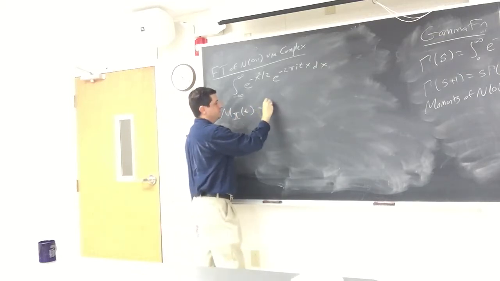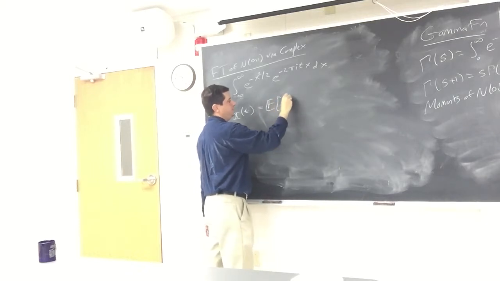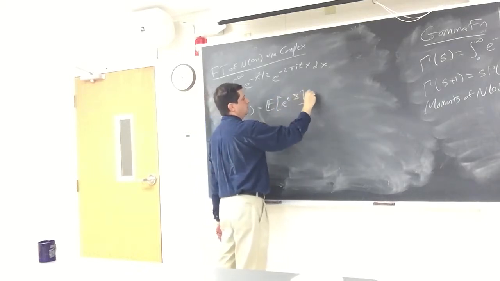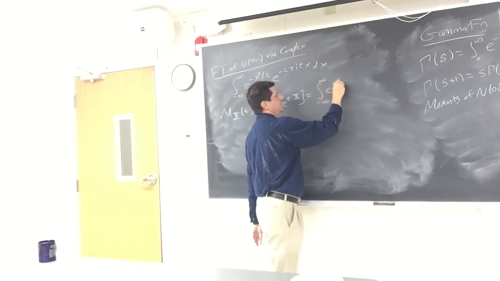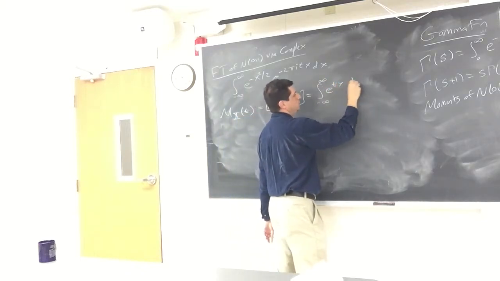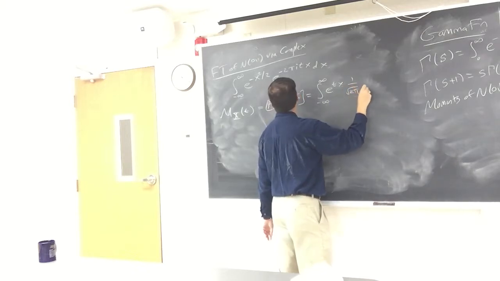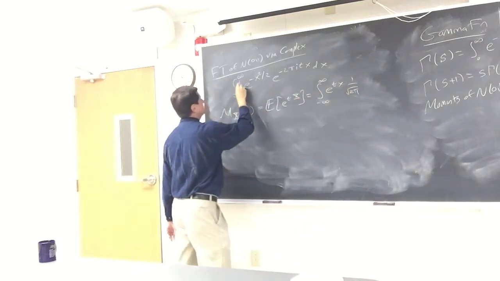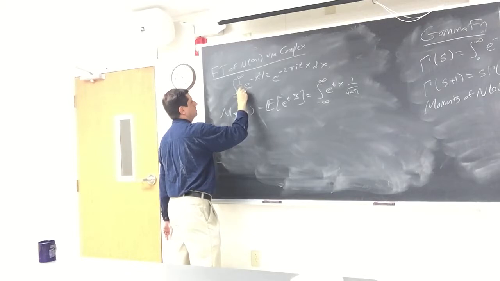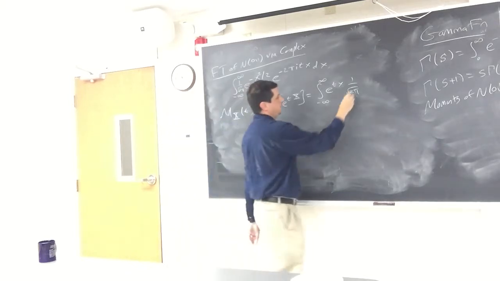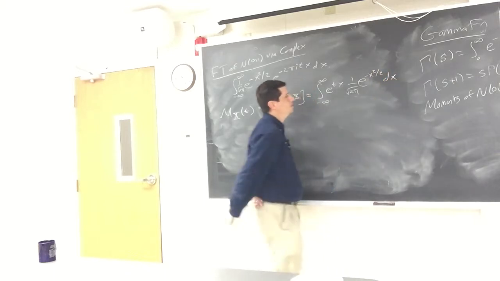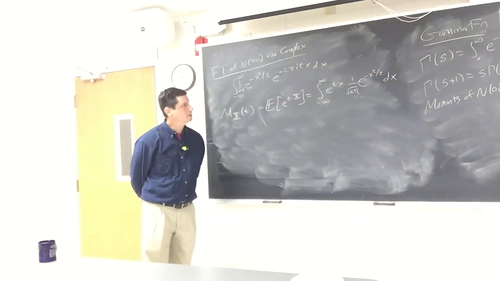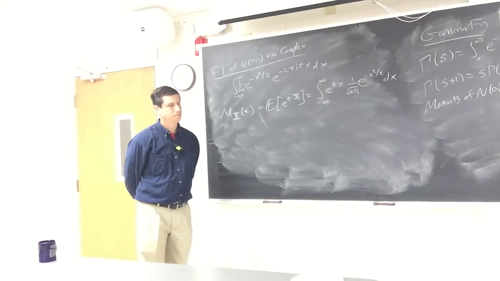And this is just the expected value of e to the tx, which is the integral from minus infinity to infinity of e to the tx times our density, 1 over square root of 2 pi. I dropped the square root of 2 pi. e to the negative x squared over 2 dx. So we need to calculate this integral. Turns out this integral is not that bad to do.